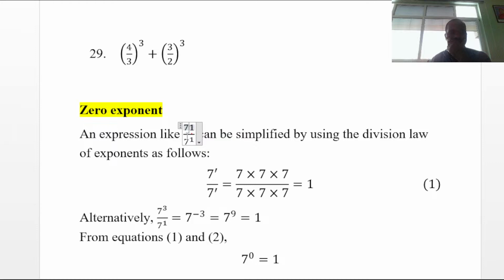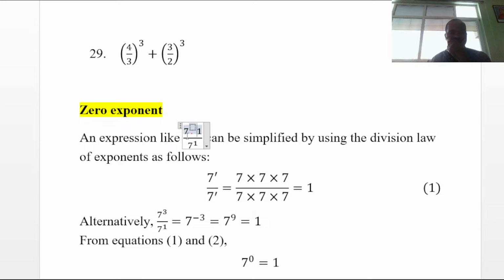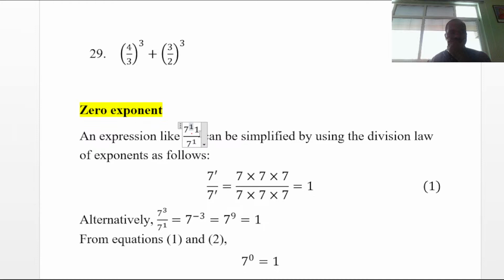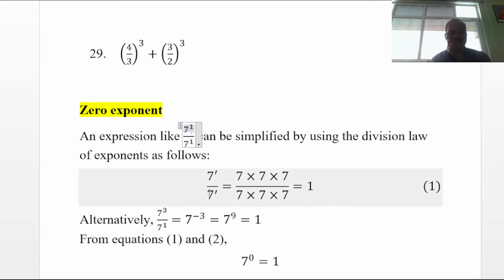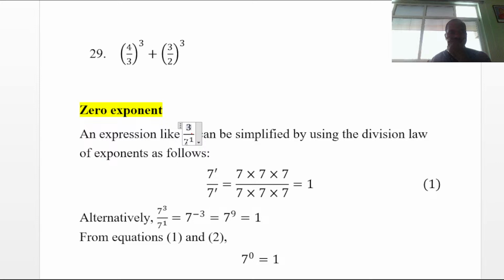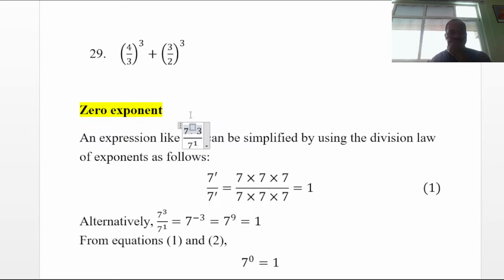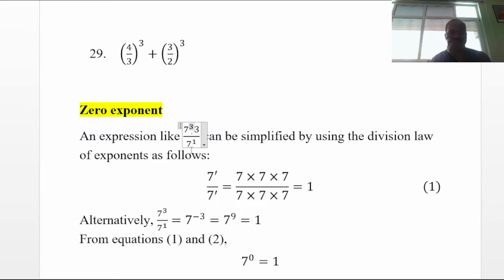So if I have to write 7 power 3, you divide it by 7 power 3.